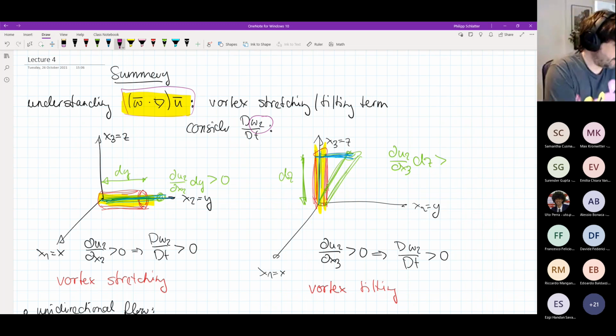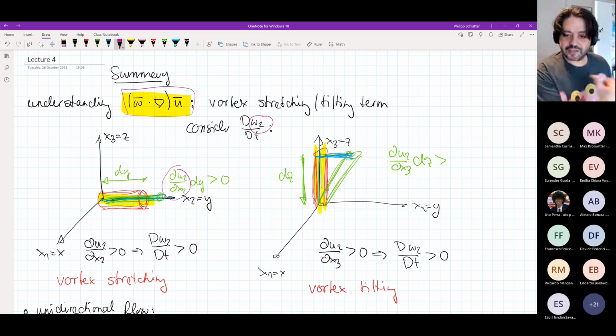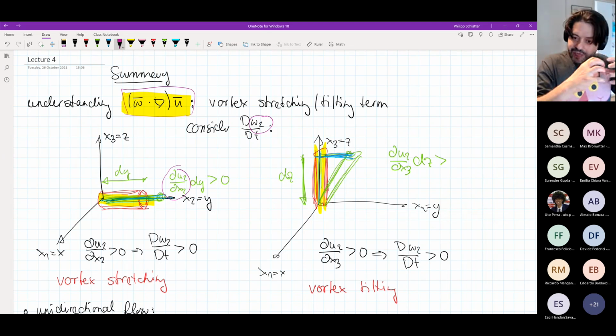And the basic idea is, if you have a flow field that has du2/dx2, so a change of the u2 velocity in the x2 direction, so in the same direction as the vorticity. So if we would expand or stretch that vorticity component, well, then we would essentially get a positive d omega 2/dx2. So that means if the velocity field is such that we would stretch a certain vorticity component, this would then show up as a vorticity stretching term.